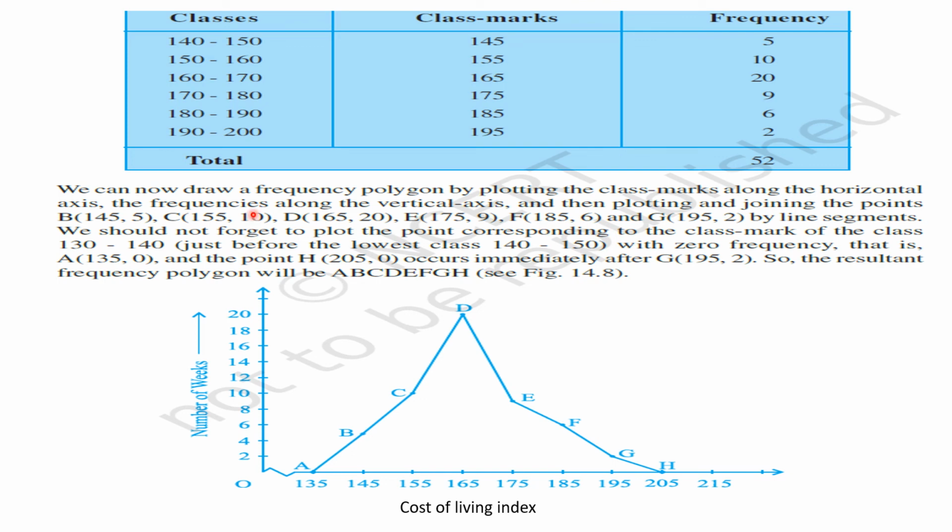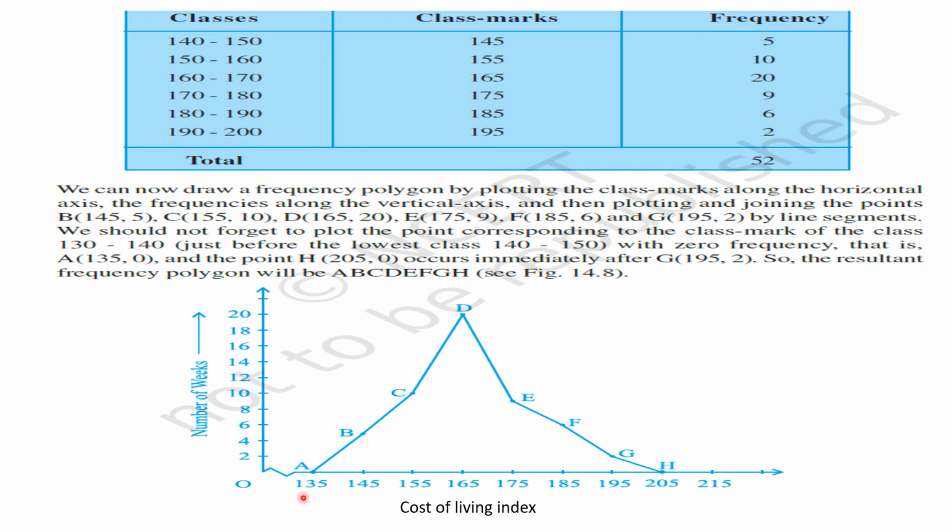Using the concept of coordinate geometry, this is the x coordinate and this is the y coordinate. So we get ordered pairs: 145 comma 5, 155 comma 10, 165 comma 20, 175 comma 9, 185 comma 6, and 195 comma 2. So we got all these points.